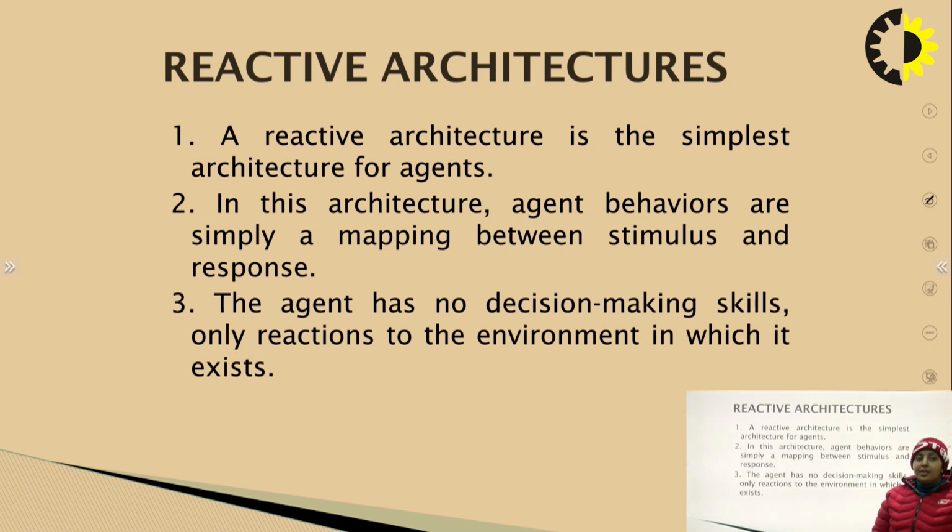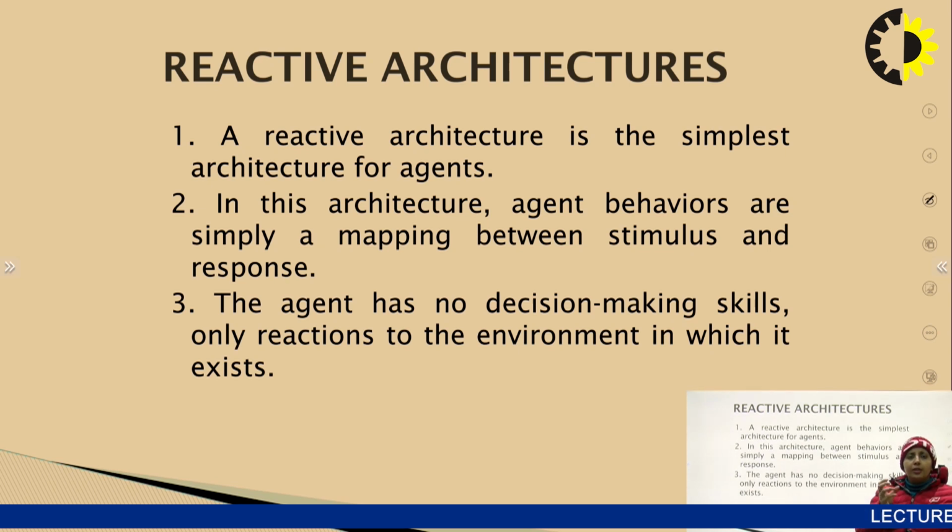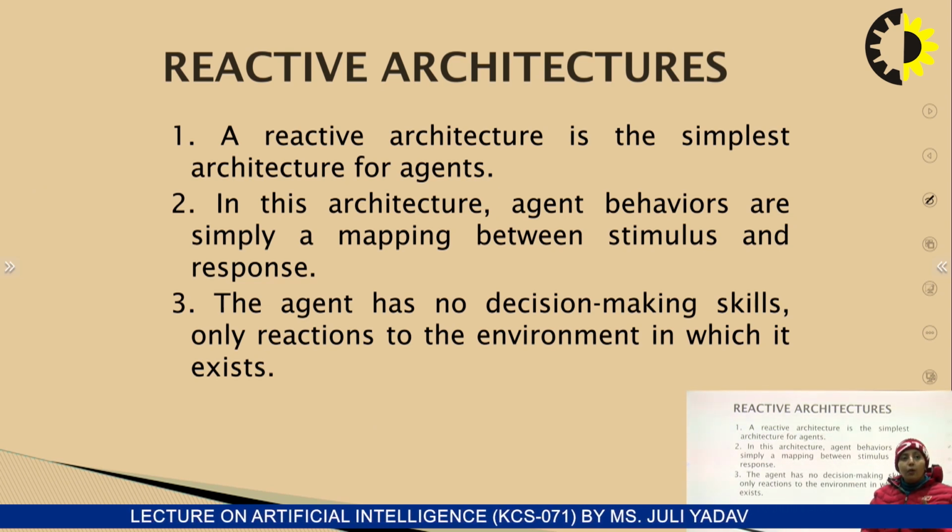In this architecture, the agent behavior is simple: a mapping between stimulus and its response. What does it mean? The agent behavior means how the agent performs any type of task. For example, suppose the agent is a robot designed for box pick and drop. If we have designed that agent using the reactive architecture, then it works as follows.